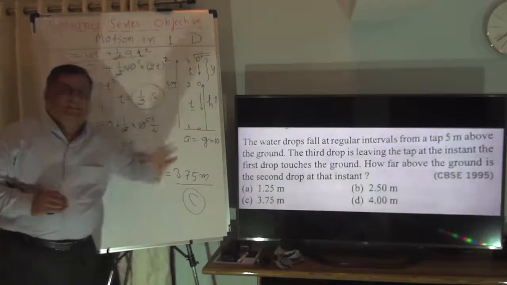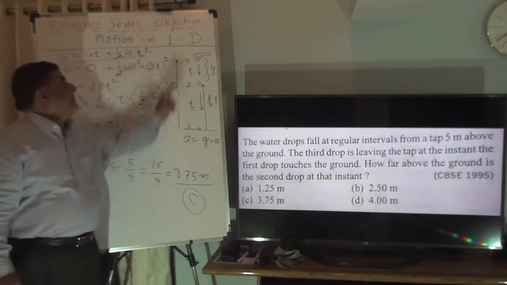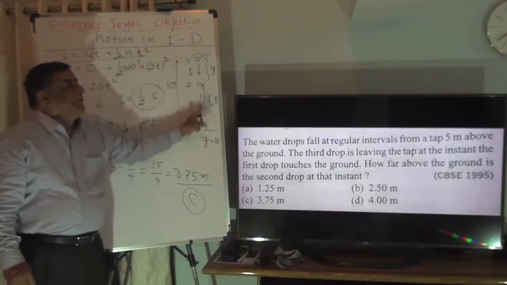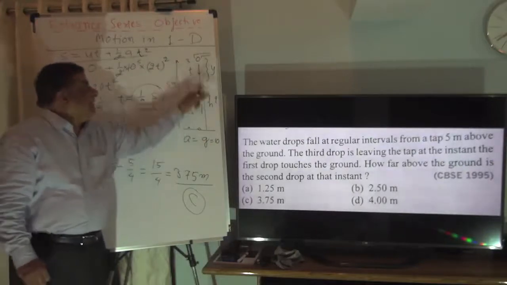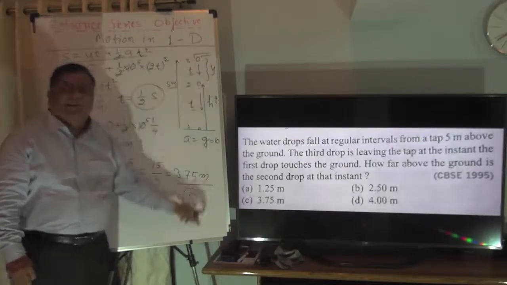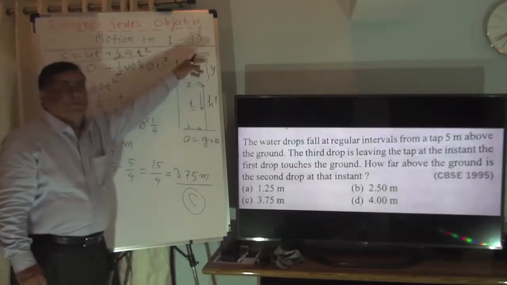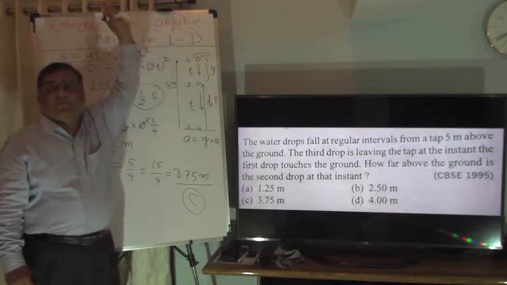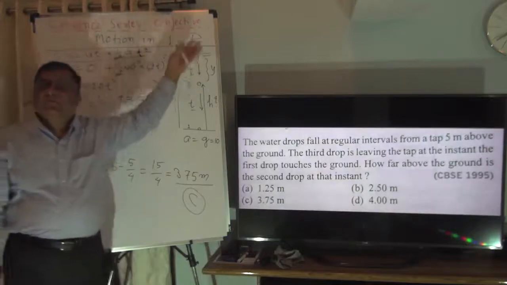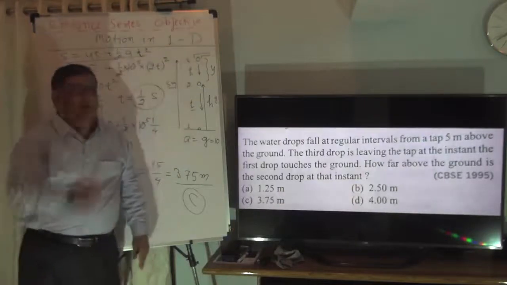The distance will naturally change, because with acceleration the velocity keeps on changing. If the velocity increases, the distance will increase. There may be a numerical of 3 drops, 4 drops, 5 drops, 20 drops. What will be the same? The time period. Remember.